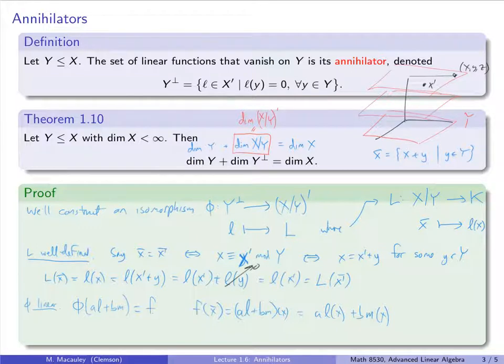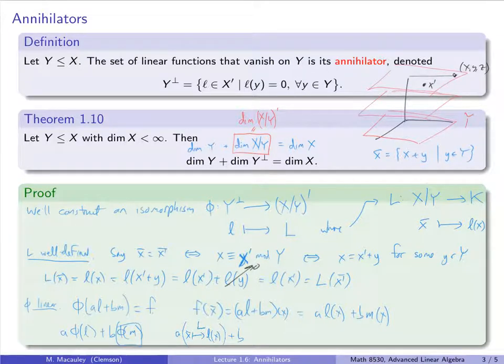And now I think it's just easier to look at A phi of L plus B phi of M. And notice that what we're going to get is A times the function that sends x bar to L of x plus B times this function, which we have notations for.